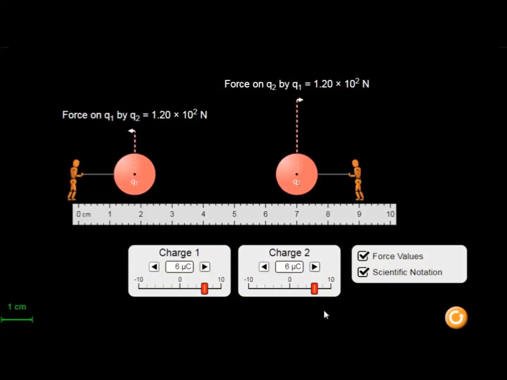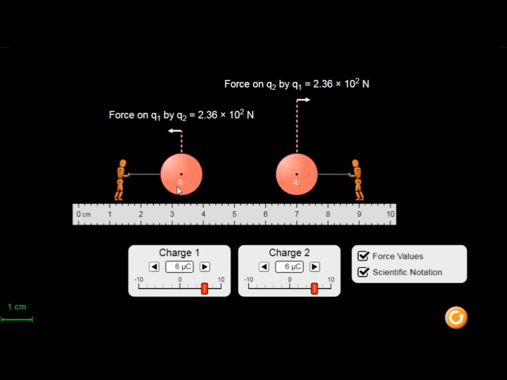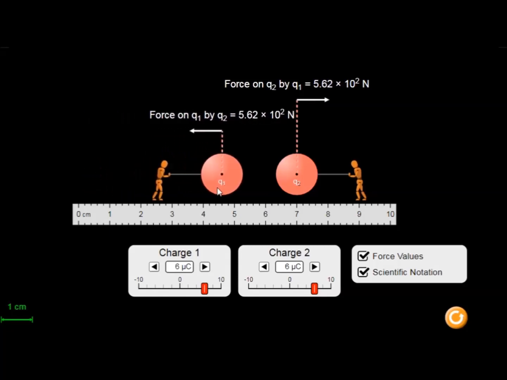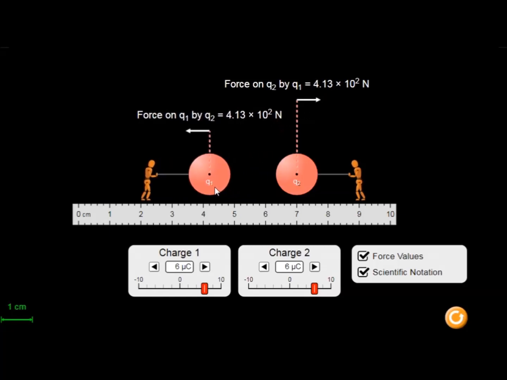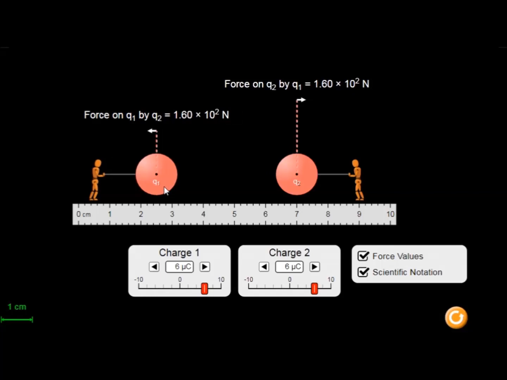Hi everyone. In this simulation, we will look at the distance and force relation between two charges. Charge 1, this one, is charged with 6 Coulomb, and charge 2 is charged with 6 Coulomb. Here is the written amount of the force, and when they approach each other, as you see, the amount of force increases. And when they move away from each other, the amount of force decreases.